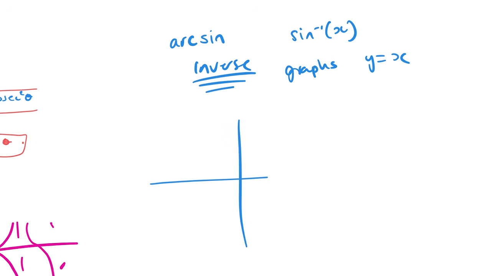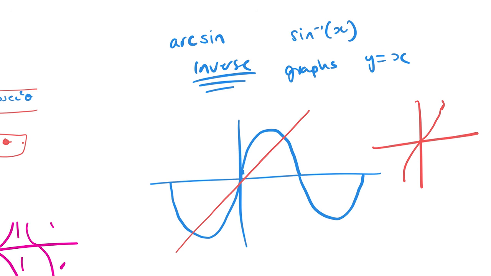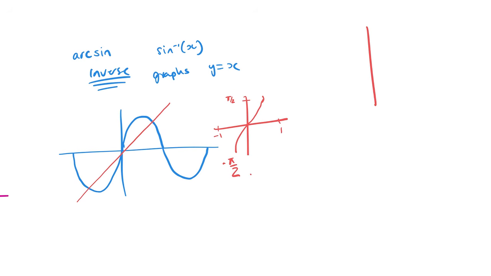So when we have our sine graph here, it looks like this, etc. Imagine the line y equals x goes through here. It is that reflection. So in this reflection, what are we going to have? It's going to go up here, down here, and this is now your pi over 2, your 1, your minus 1, and your negative pi over 2.